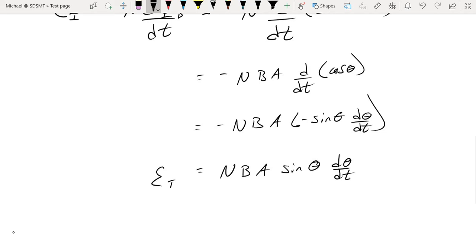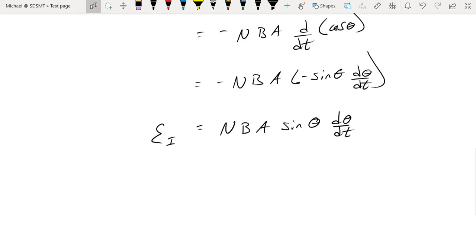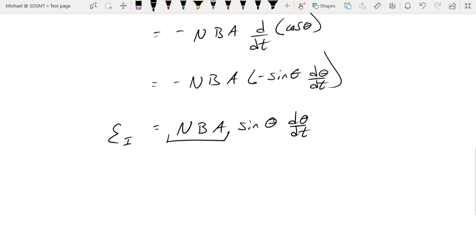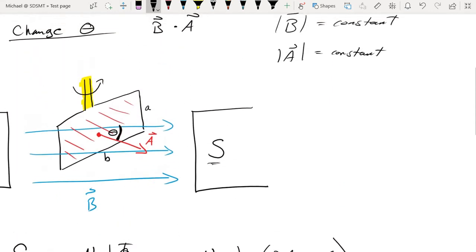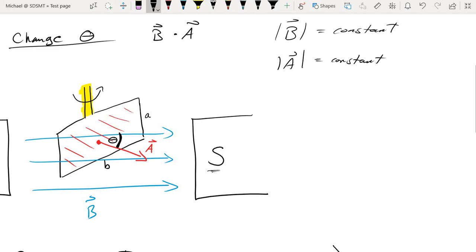So what does this mean for us? Well, the number of turns, magnetic field, and cross-sectional area vectors, those are all fixed. Sine theta will have to be evaluated at some instantaneous value for theta. As our coil rotates through this magnetic field, there will always be some measurable instantaneous value for theta that exists between the two vectors.